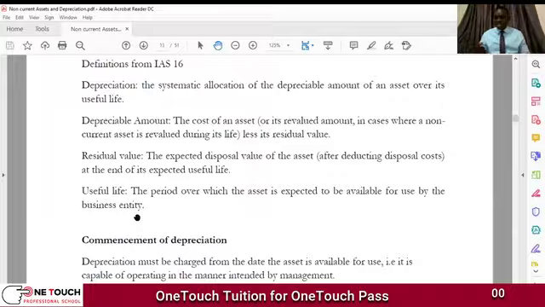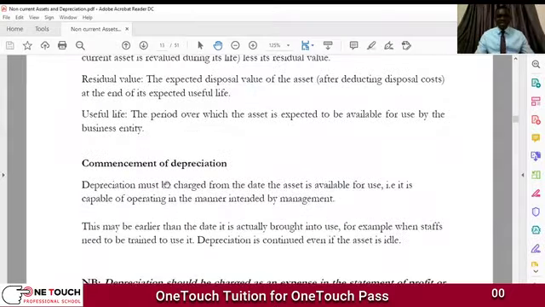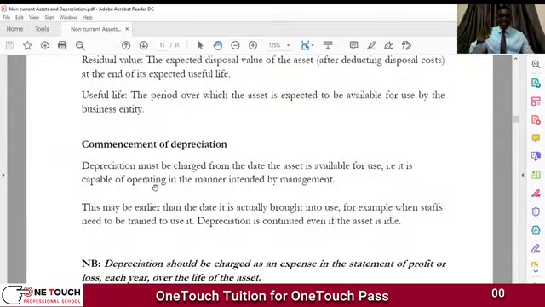Now, we are talking about depreciation. At what point should a business start depreciating an asset that it has acquired? Commencement of depreciation must be charged from the date the asset is available for use. You should start charging depreciation on an item of property, plant, and equipment when that asset is available for use, that is, it is capable of operating in the manner intended by management.